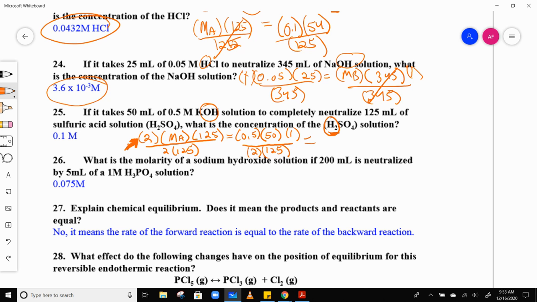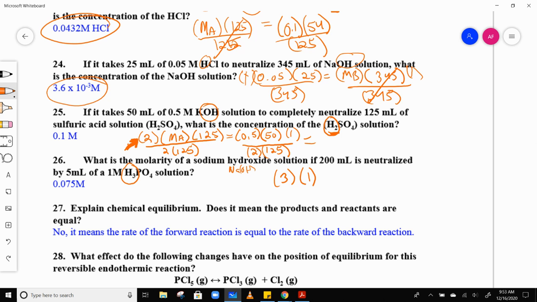Number 26. What is the molarity of sodium hydroxide? Sodium hydroxide is just NaOH, so it has 1 OH minus. If 200 milliliters is neutralized by 5 milliliters of H3PO4, this one has 3, so it's going to be 3 times the molarity of the acid.